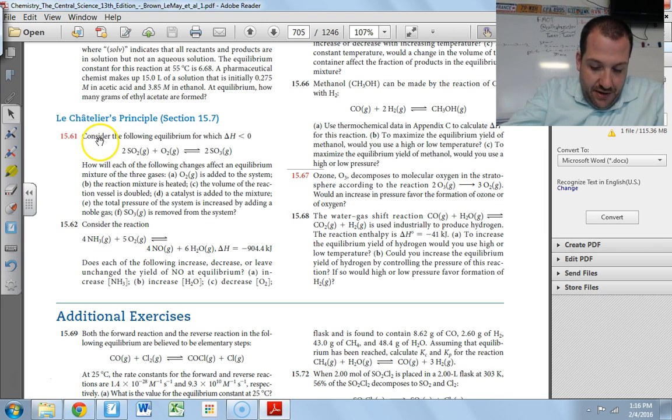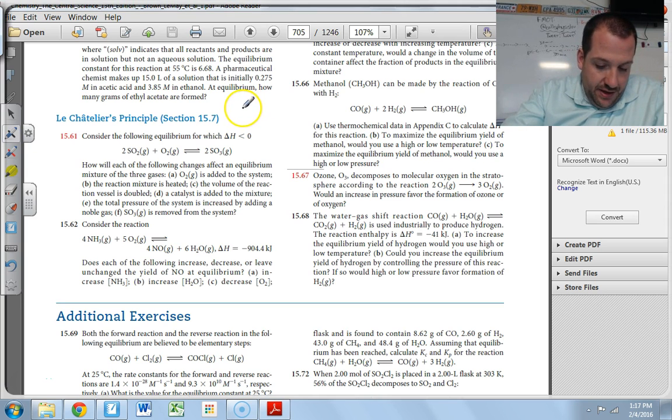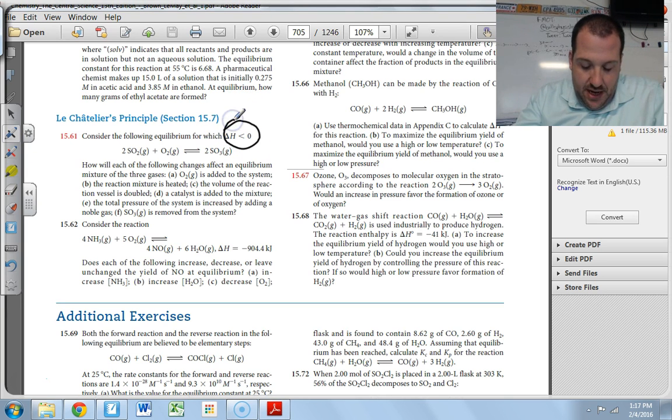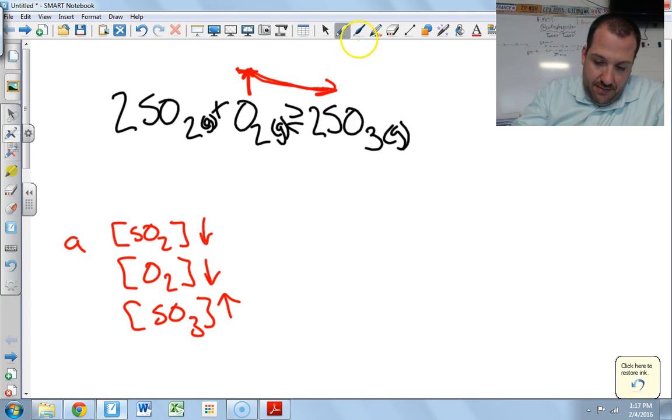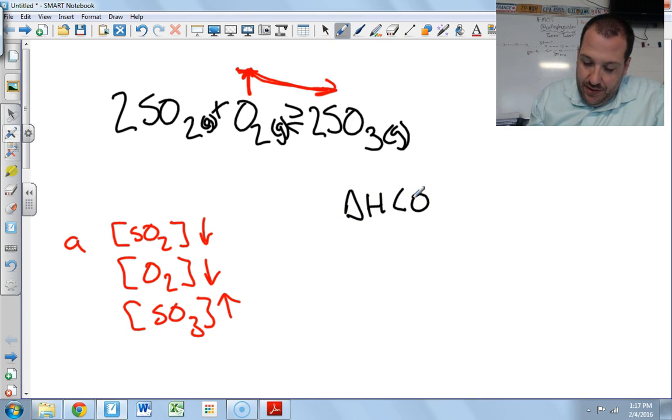The reaction mixture is heated. Whenever we have temperature, we have to look at what the delta H is. Fortunately, we have a delta H right there, and in this case delta H is less than 0.